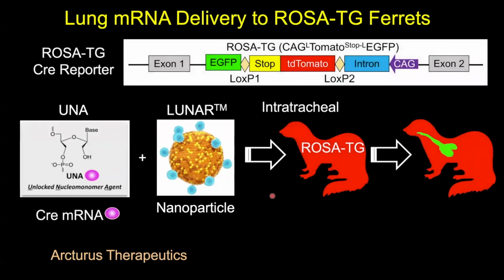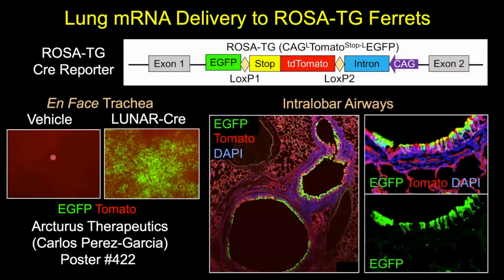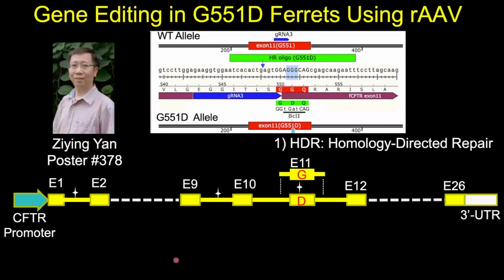We've tested this approach using Cre mRNA in the Rosa TG ferrets to look at conversion of the Cre reporter within the lung and biodistribution of the LNP transfection. And in this case, it was highly effective. Here looking at en face views in the trachea and in the intralobar airways, seeing GFP conversion. And if you want more information, you can see this poster by Carlos.